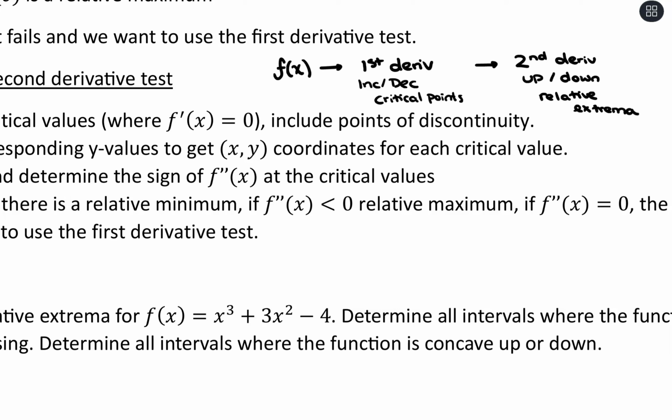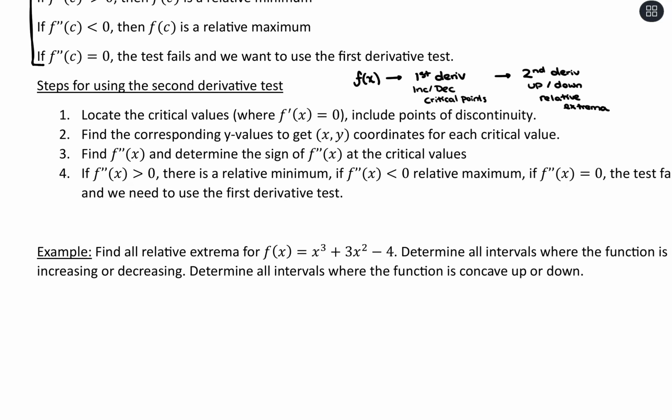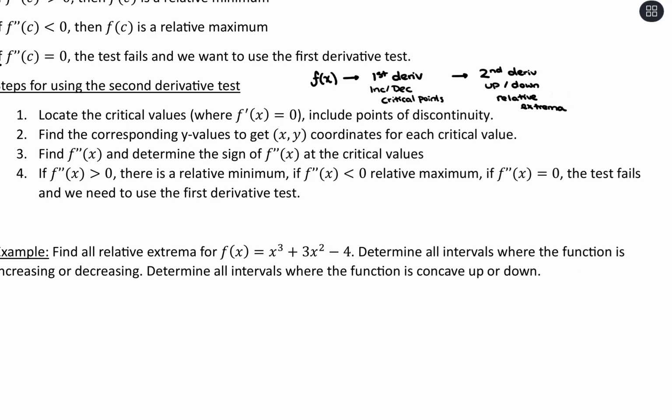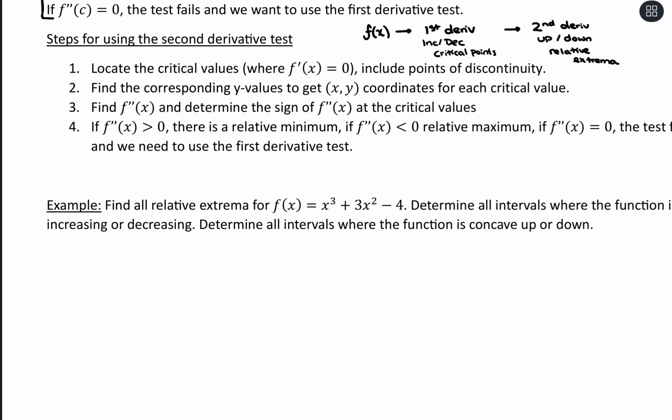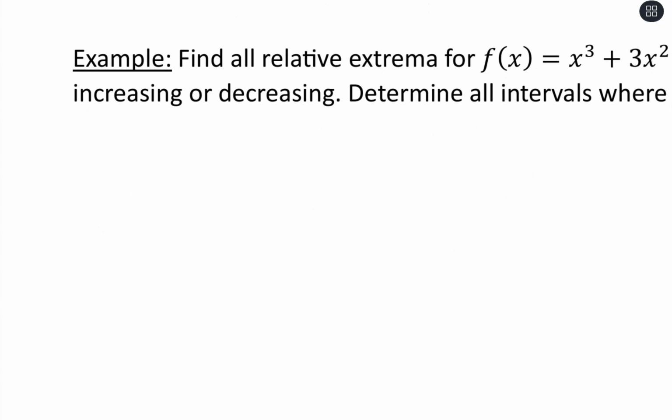So since we already did finding the relative extrema with the first derivative test, let's go through it with the second derivative test. Find all relative extrema for f of x equals x cubed plus 3x squared minus 4. We're going to talk about intervals of increasing, decreasing, and we're going to talk about concave up or concave down. So where we start is with critical points.